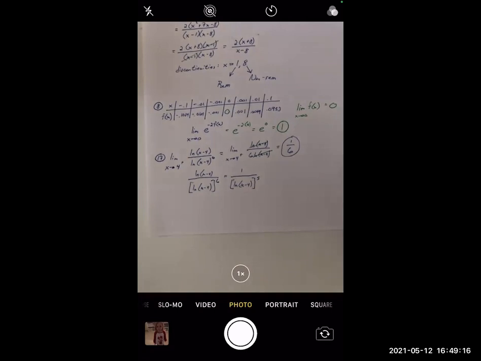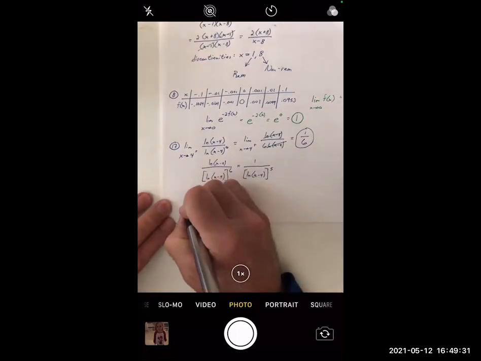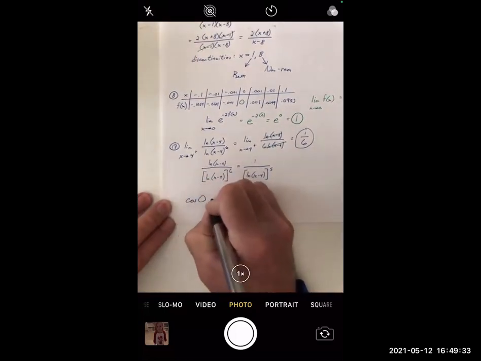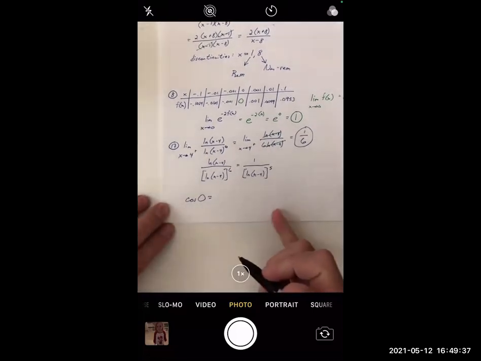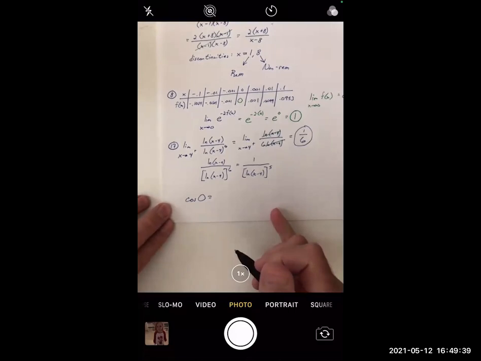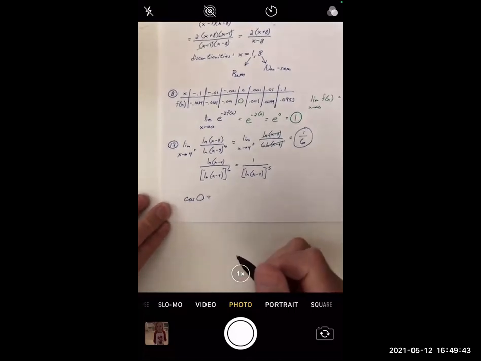Okay, so the epsilon delta stuff, that was good. Most of it was just arithmetic errors or trig stuff. Like I saw a lot of this one, cosine of 0, and I still see a lot of it. What's cosine of 0? One.